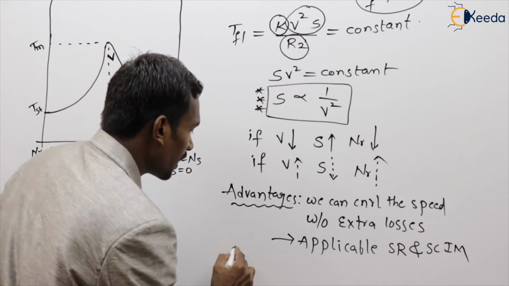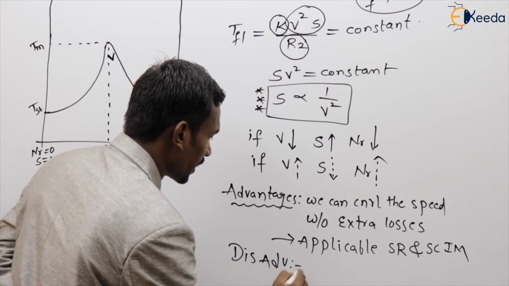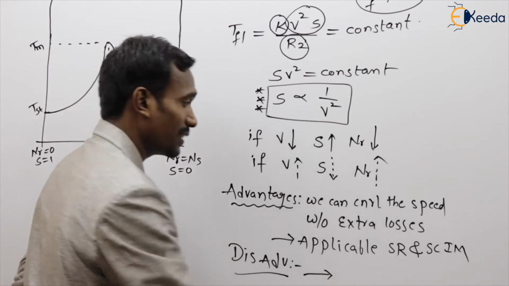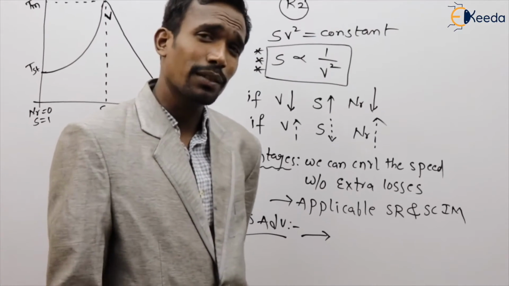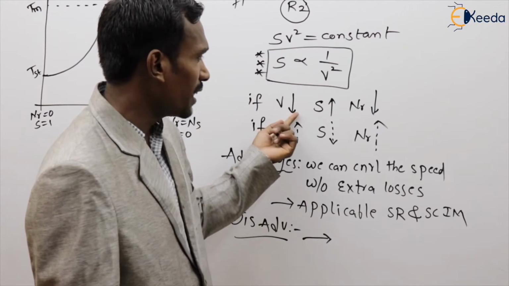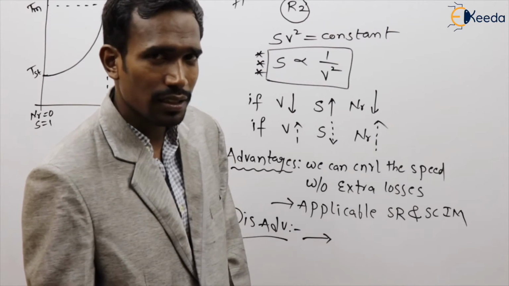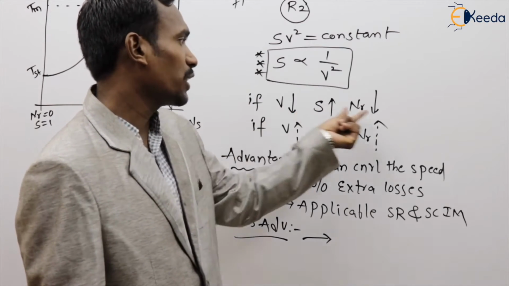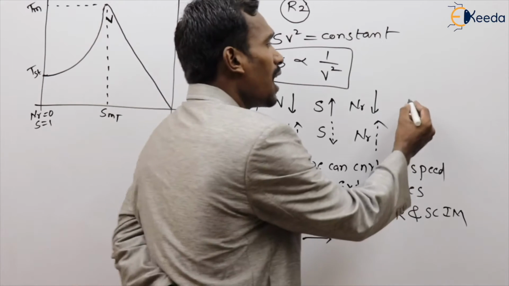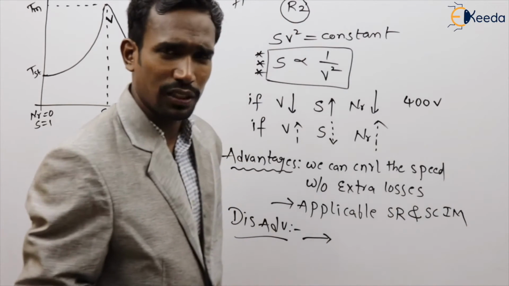Very good, sir. What are the disadvantages? Can you tell me what are the disadvantages? If voltage reduces, we can reduce the speed. See clearly, voltage reduces, speed reduces. For example, actually my voltage is 400 volts per machine.